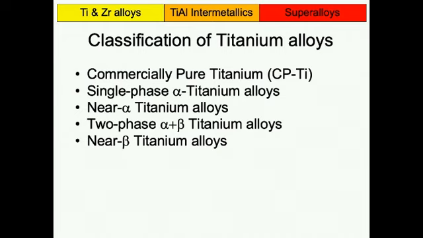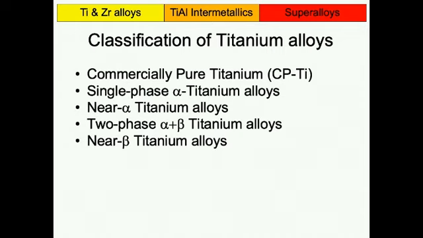And then you have near beta titanium alloys. Again, these are actually not very common alloys. They are very interesting in principle because they can be extremely strong. So they have a much higher volume fraction of beta phase.